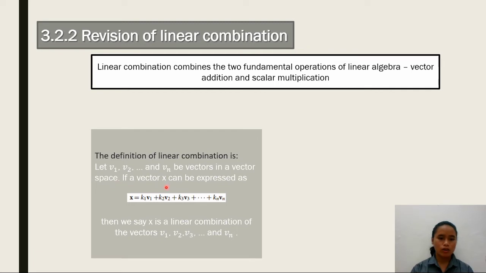If a vector x can be expressed like this formula, then we say x is a linear combination of the vectors v1, v2, v3 until vn.